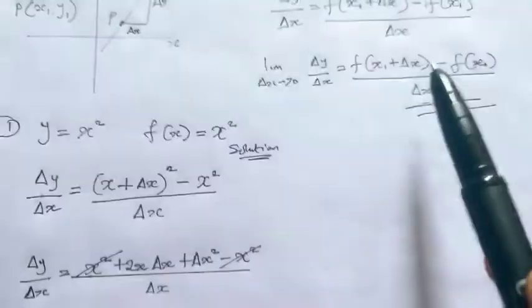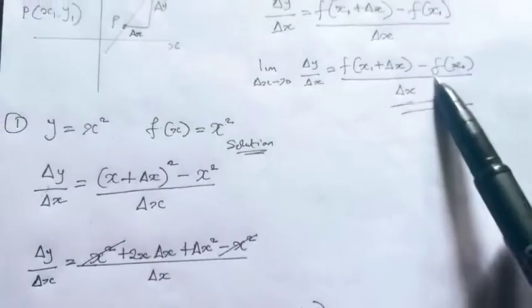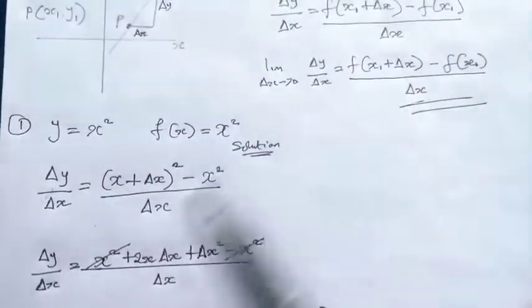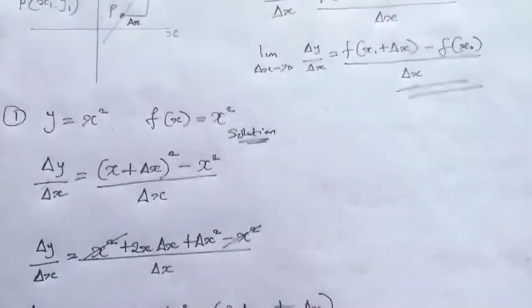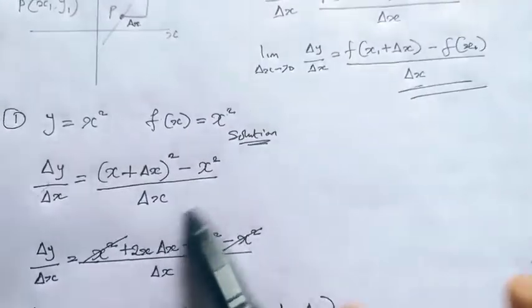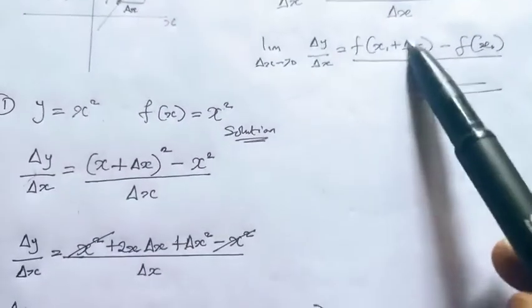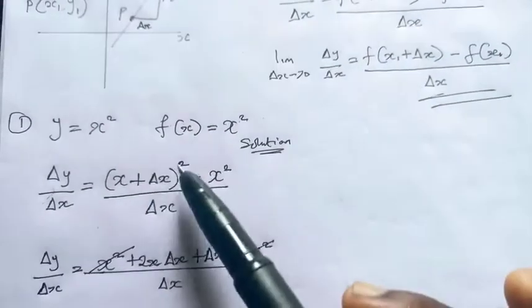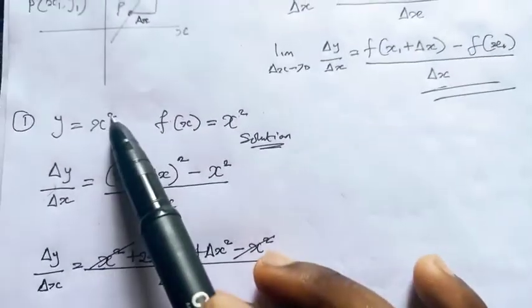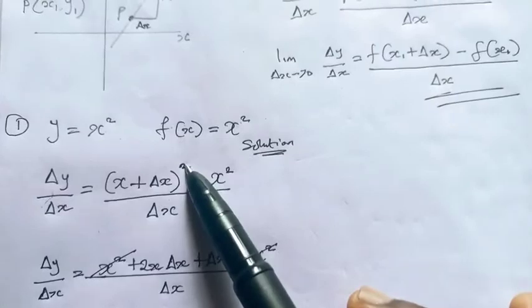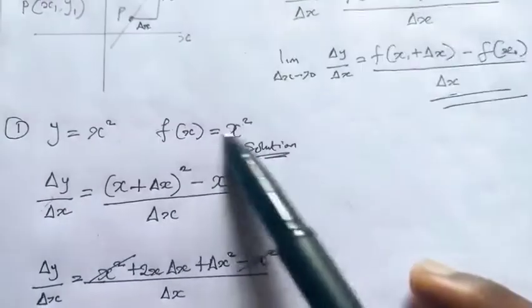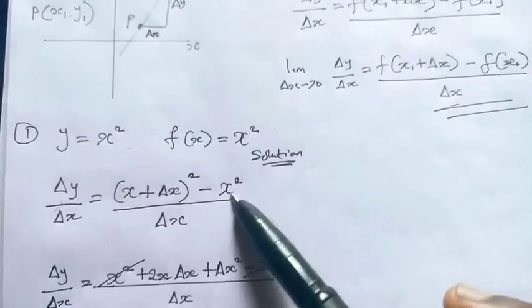From the formula we have derived, my change in y over my change in x is simply equal to this particular expression. Now we can see that this expression does not change, but what affects it is the square here, and my f of x is also x squared.